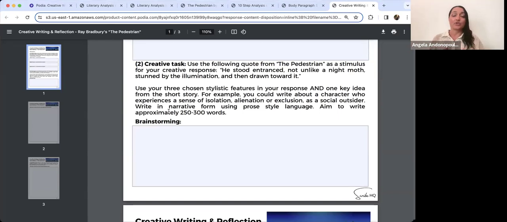It's more that you could use the idea, if you want, of someone being intrigued or their imagination captured by something, and they feel really drawn towards it and compelled to move towards something. It could be drawn towards a person, or it's open to interpretation. This is just being used as a stimulus.